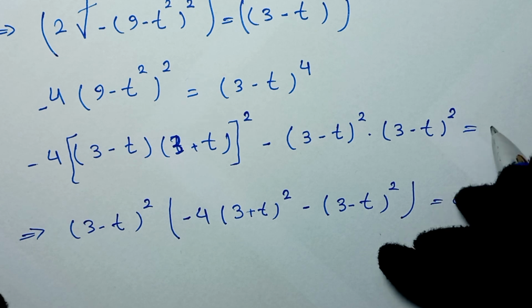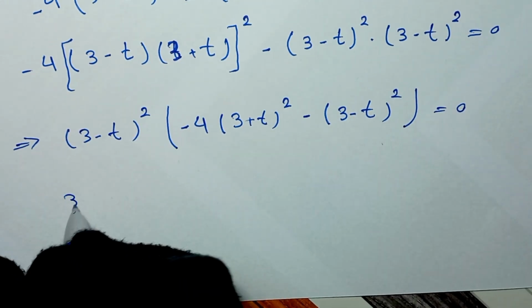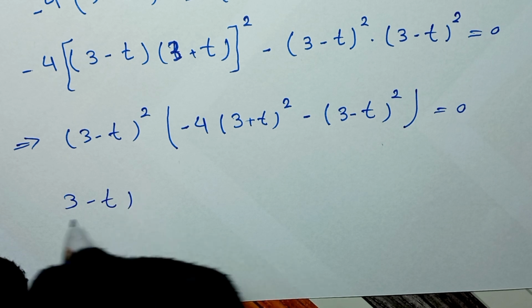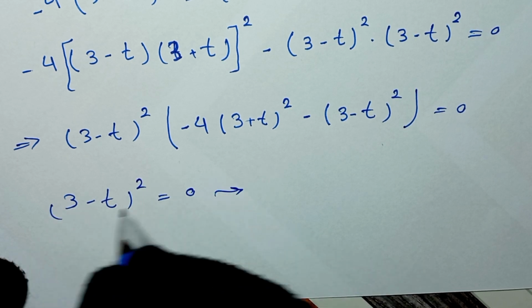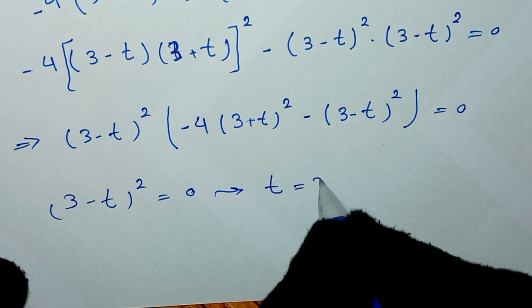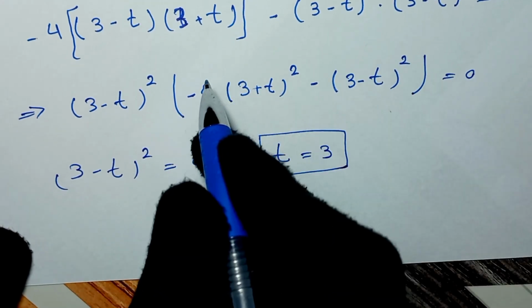Also, this is equal to 0. In next step, from here we have two solutions. 3 minus t to power of 2 is equal to 0. And from here, t is equal to 3, right? Or this equation is equal to 0.